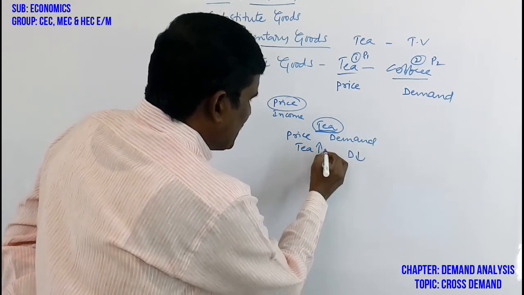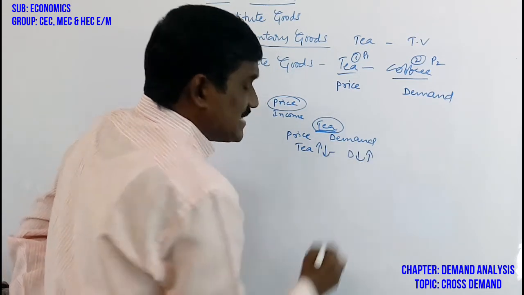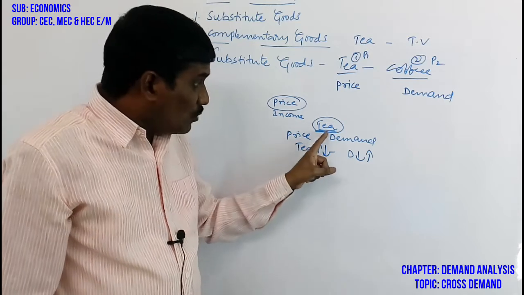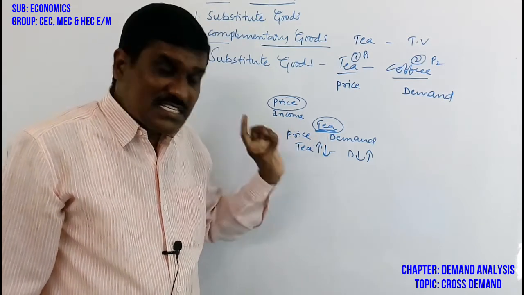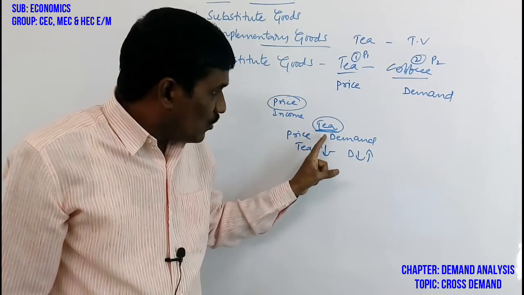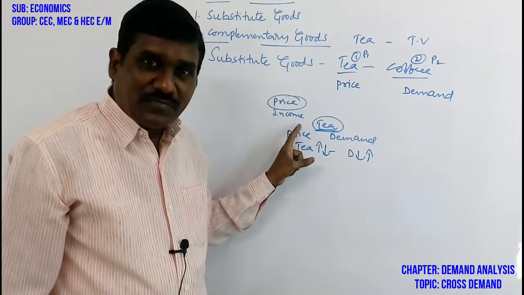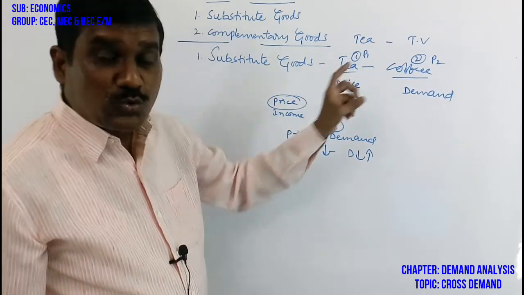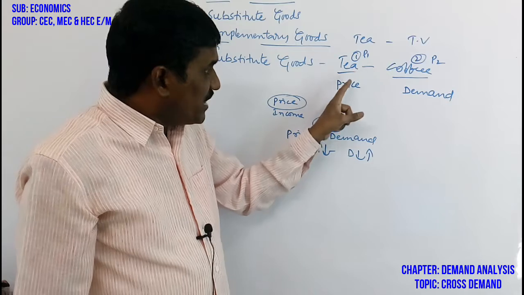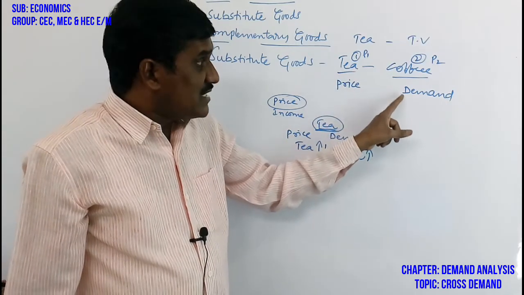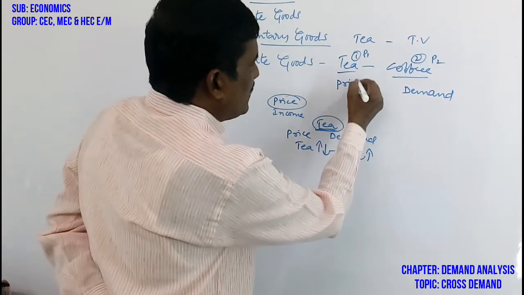Tea price decreases, demand increases. Here only one good is there. It is only price demand, income demand. But in cross demand, two goods are there. One good is price, another good is demand.